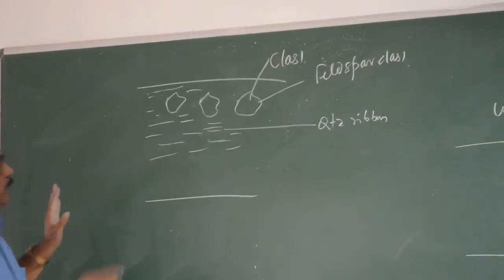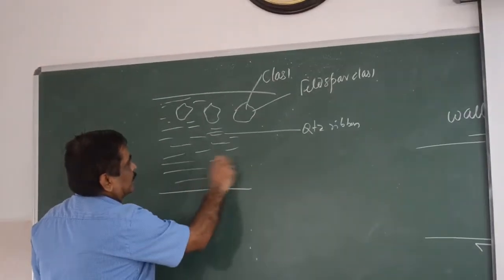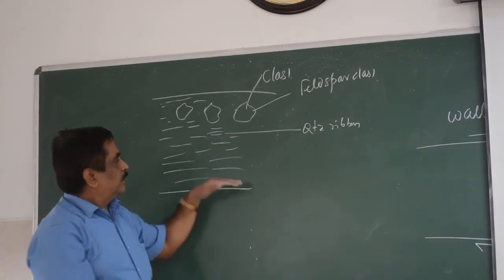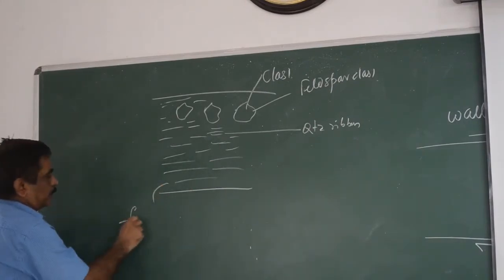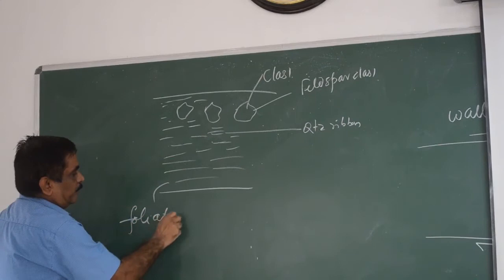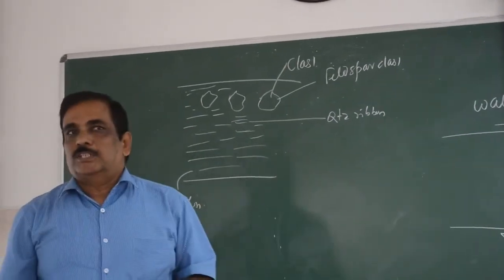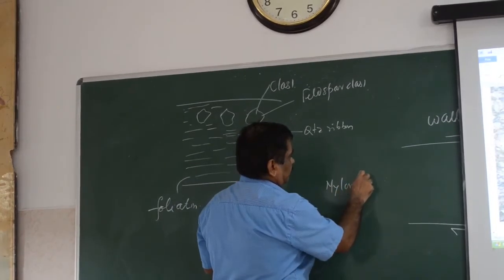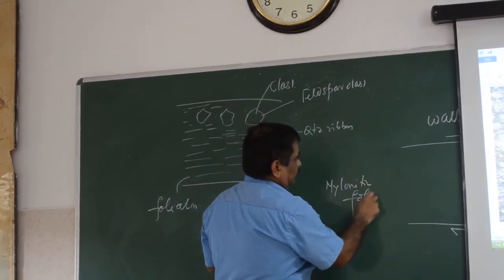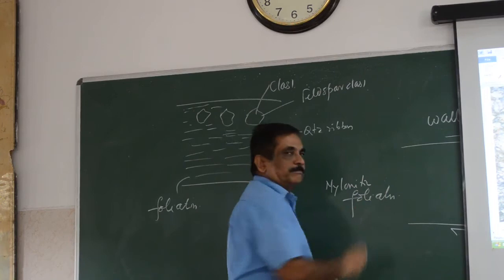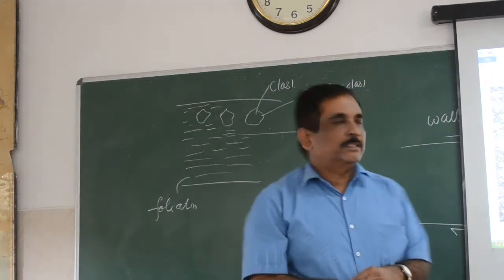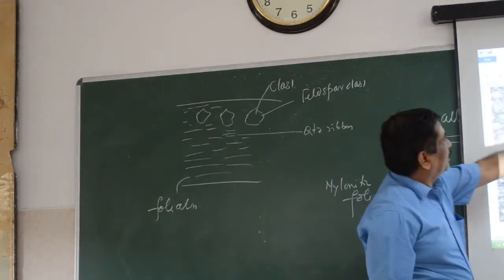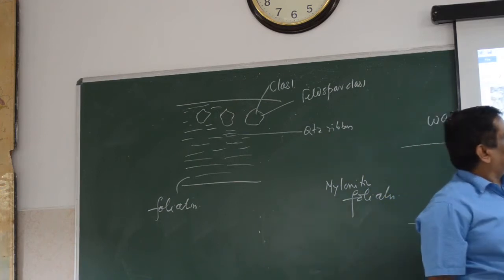So these ribbons, these layerings, they define a foliation in the rock. So that is called your mylonitic foliation. Mylonitic foliation. So mylonitic foliations are these layers, and these are the clasts.